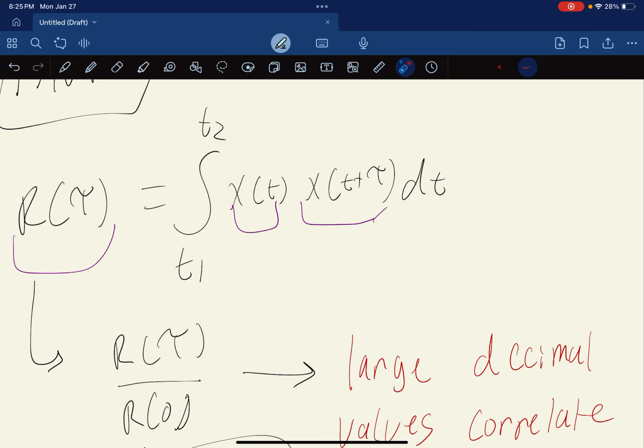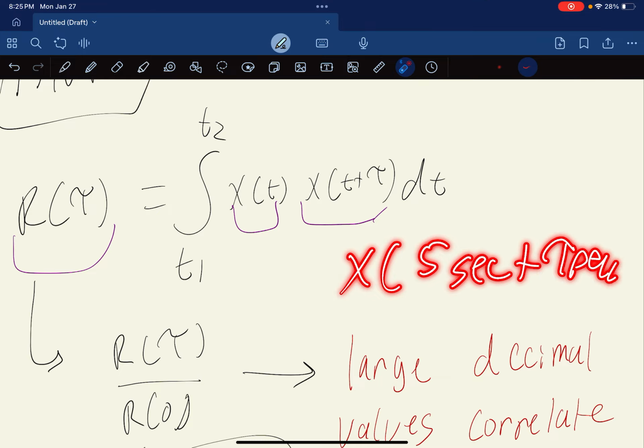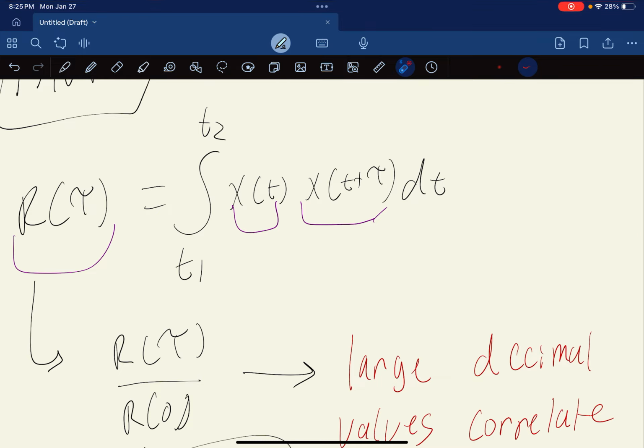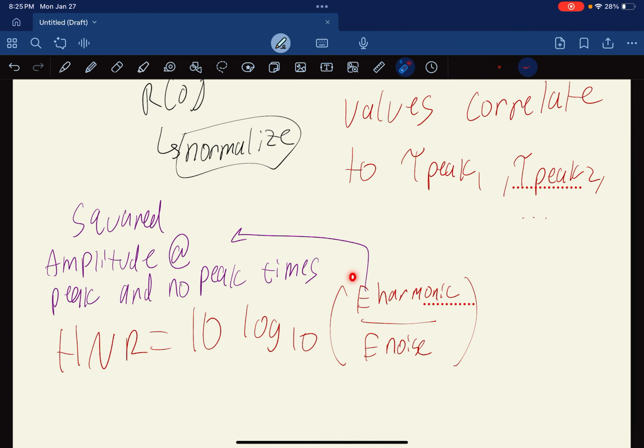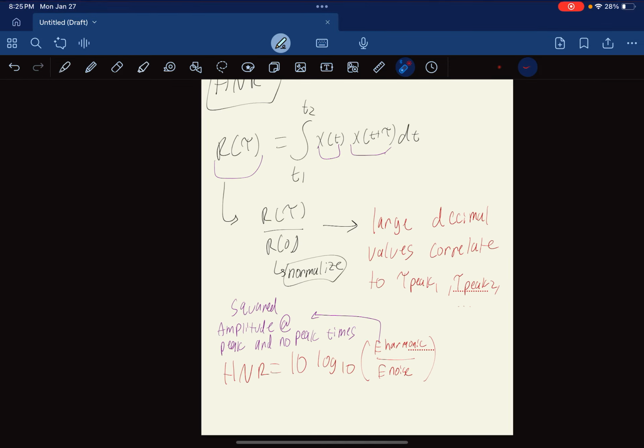If we want the harmonic energy, you take x at 5 seconds plus tau peak, and then square that amplitude, and that gives you this guy down here, the harmonic energy.